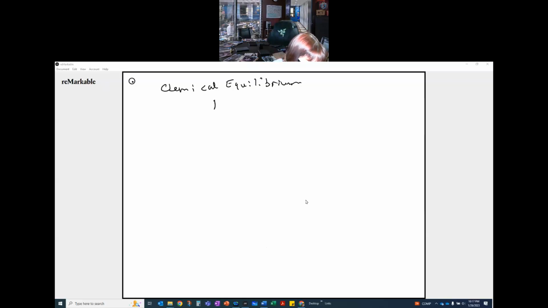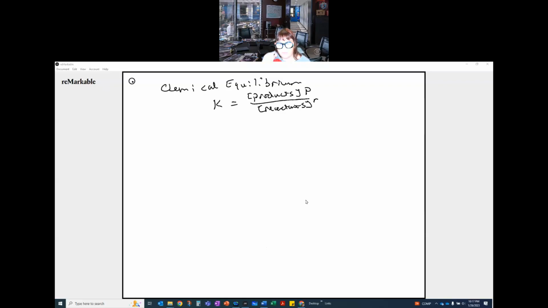So we're looking at writing a K. We have a number of different Ks that we've written, and it's always some form of products over reactants. Of course, they aren't going to appear if they're solids or liquids, but everything else does appear. We have one that's just for pressure, and that's when we put everything into pressure as opposed to concentration. We can talk about concentration for Kc.